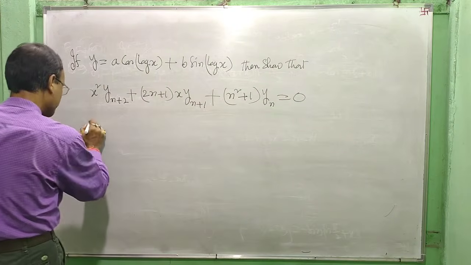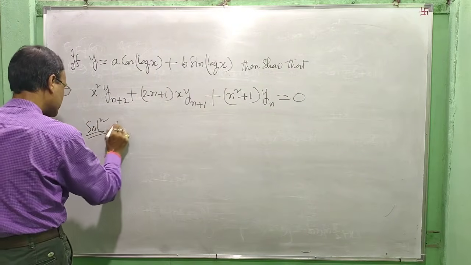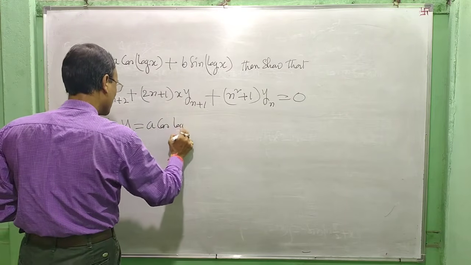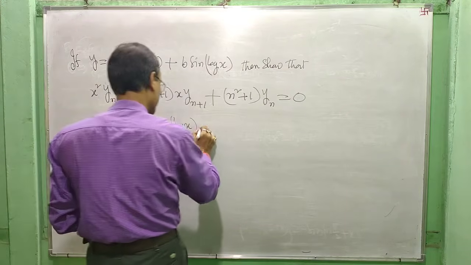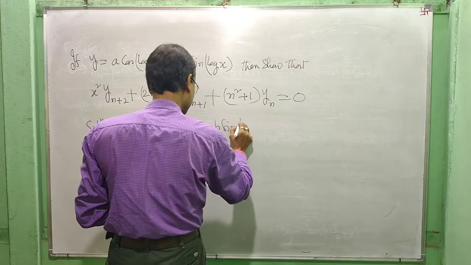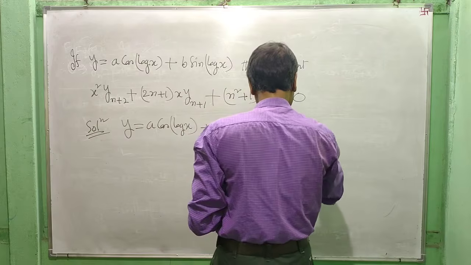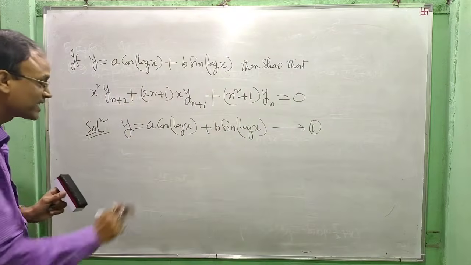Now, solution. y is equal to a cos of log x plus b sin log x. Suppose this is number 1.